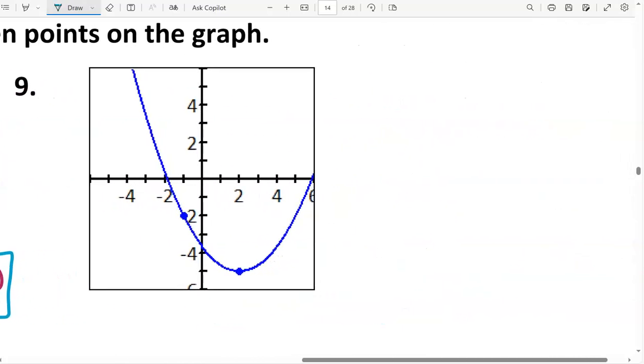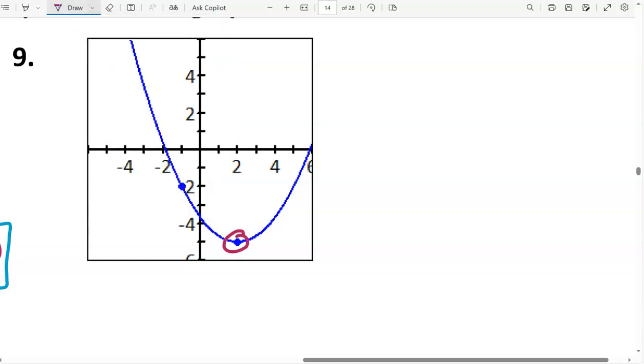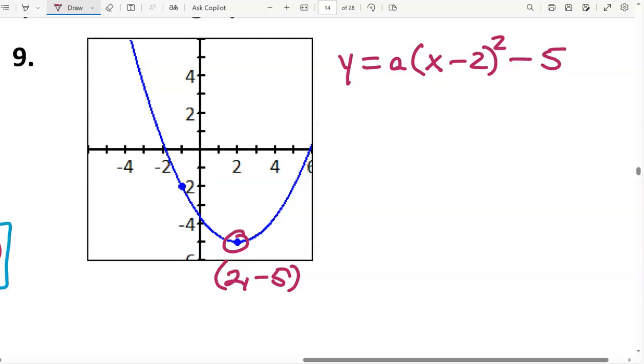In 9, we are given this time a vertex, and our vertex has the coordinates (2, -5). That means that we can write this equation in vertex form. y equals a times (x minus 2) squared minus 5. The only thing that we lack is the value of a, and we can use that extra point to find the value of a. The coordinates of that extra point are (-1, -2).